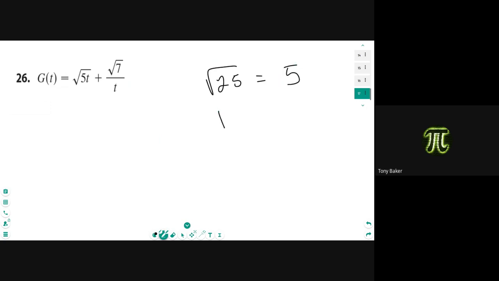Okay. What's the square root of 9 equal? 3. What's the square root of 5 equal? The vast majority of you put 2.5, because you did 5 divided by 2.